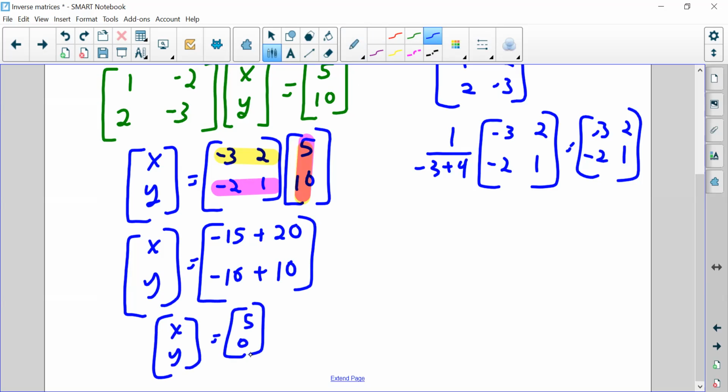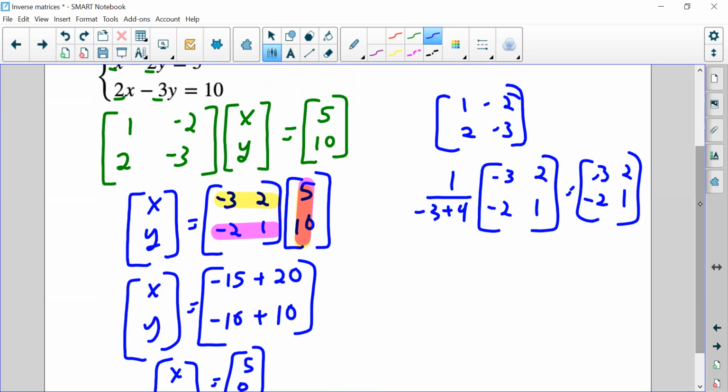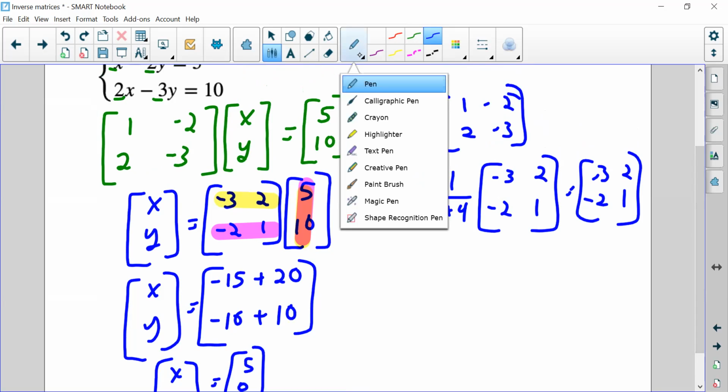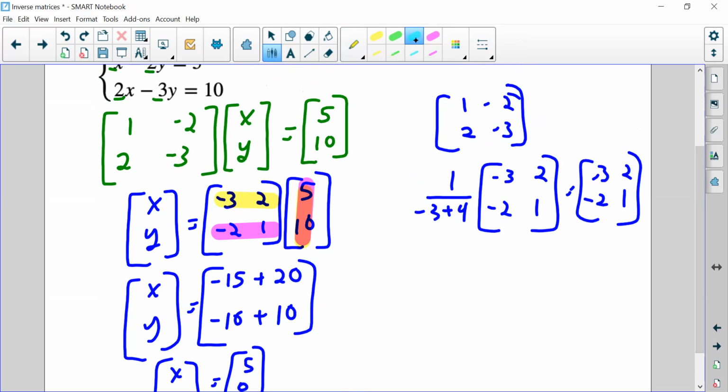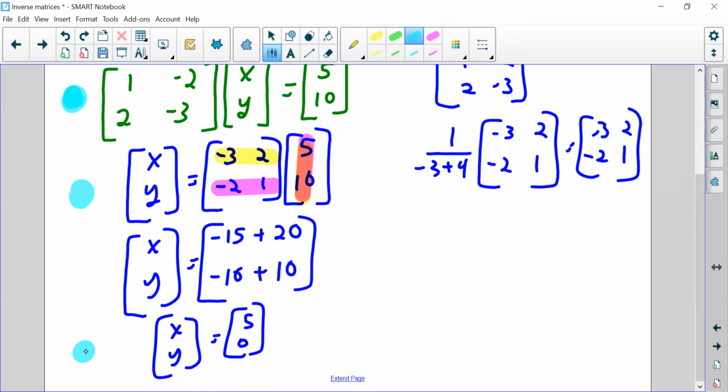I wonder if I can do this in my calculator. You may use your calculator to help you out. Even if you use your calculator, I still need to see this work, and then this work. That's the work you'll still need to show on your paper.